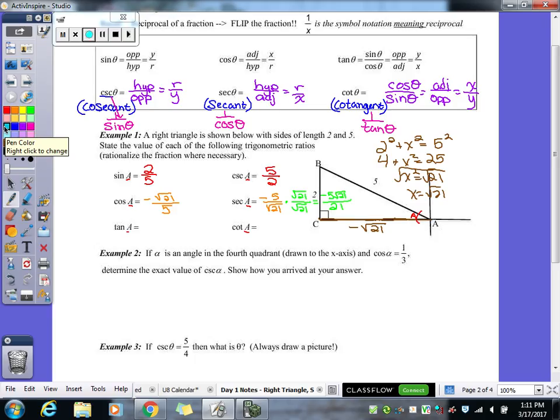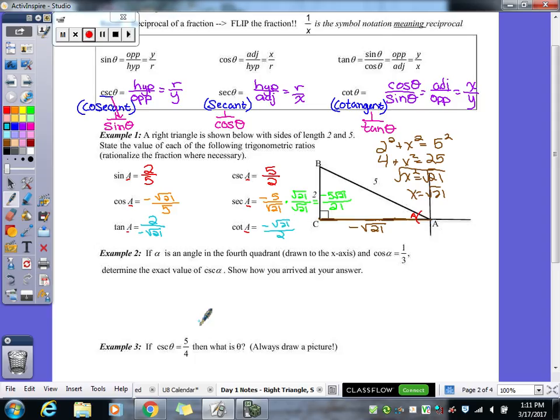All right, and then our tangent of angle A. Tangent is opposite over adjacent. So 2 over negative square root of 21. Can I leave it that way? No. But before I rationalize it, if I flip this, we can get our cotangent nice and easy.